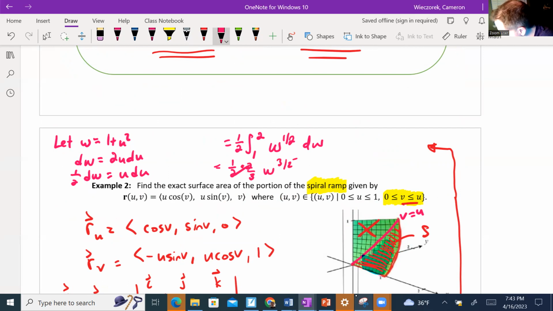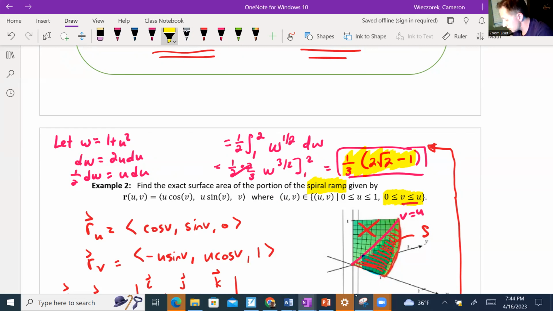W to the 3/2 from 1 to 2 would give me 1/3 times, this would be 2 to the 3/2 would be 2 rad 2 minus 1 to the 3/2 would be 1. So that'd be the area of that portion of that spiral ramp. And as I said, go on CalcPlot3D and actually take a look at it, see why it's called a spiral ramp. You're only looking at a small portion of it, but it does end up spiraling. It's kind of a cool shape.